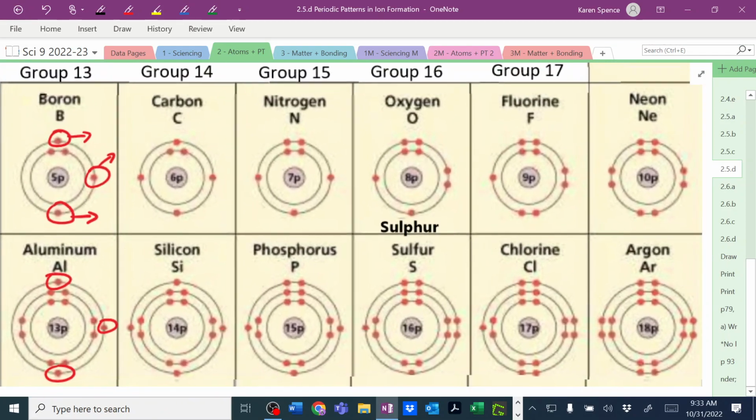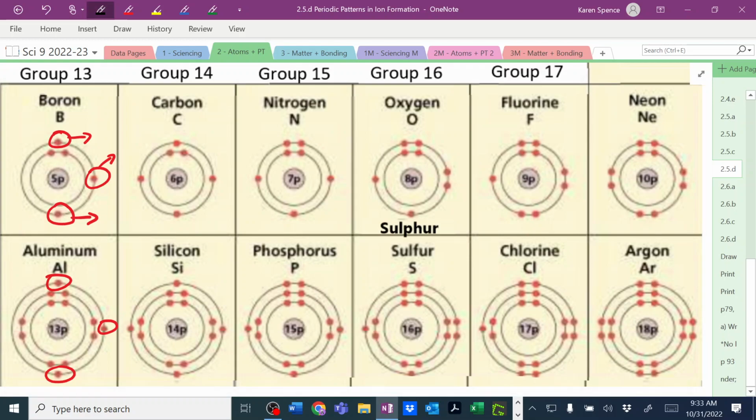Now, nitrogen, if you look at nitrogen, is it closer to full or is it closer to empty? Closer to full. So we have 1 gap, 2 gaps, 3 gaps. We're going to have an electron come in here, here, and here.